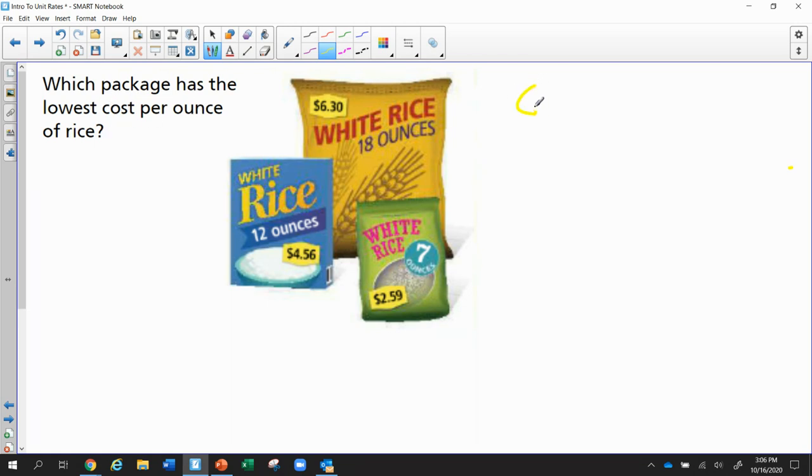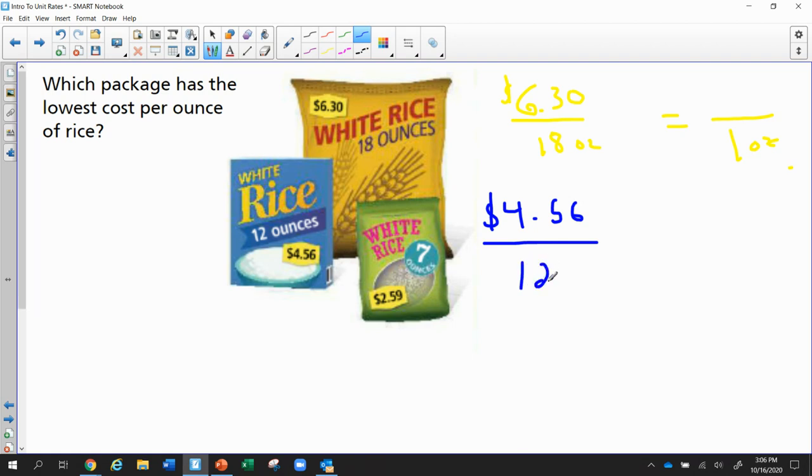This is $6.30 per 18. And we're going to want to know, what is it for 1 ounce? The blue bag is $4.56 per 12 ounces.